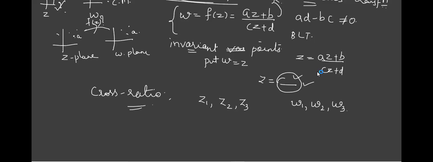Now you take one more point, in the first place, which is Z. What do I have to take corresponding to this? Here, I should have 4 points. W, obviously. For Z1, W1; Z2, W2; obviously for Z, I have to take a W. Writing the cross ratio is very simple.